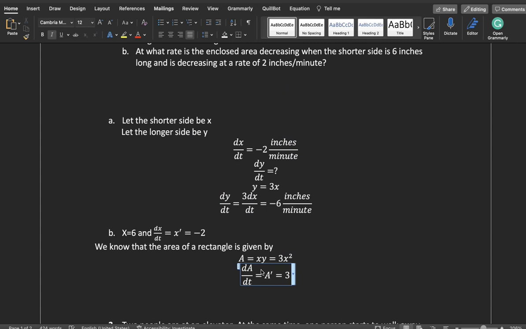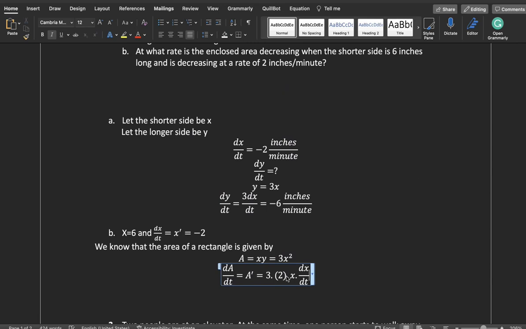So it will be the constant multiplied by a 2, and then multiplied by x, which is then multiplied by dx dt, right?